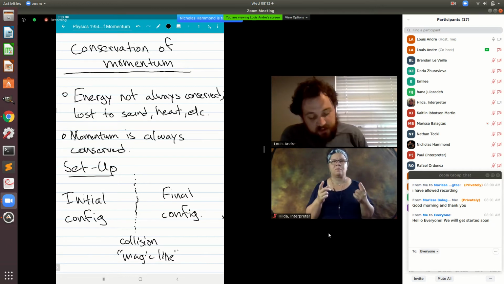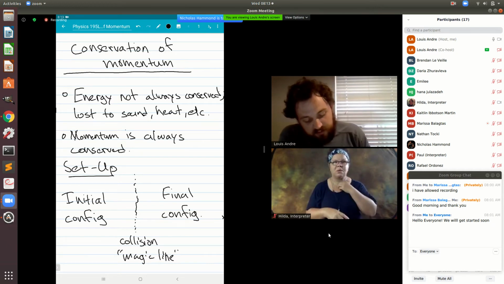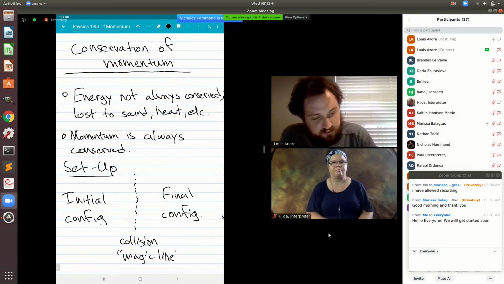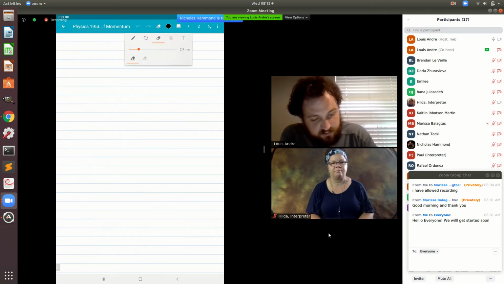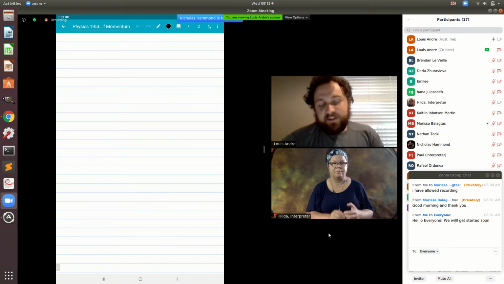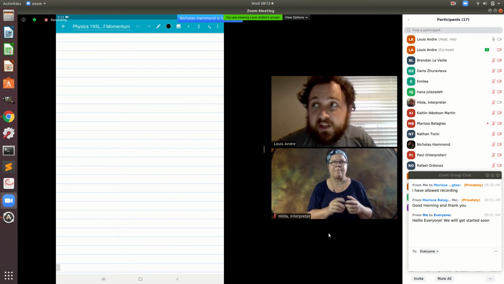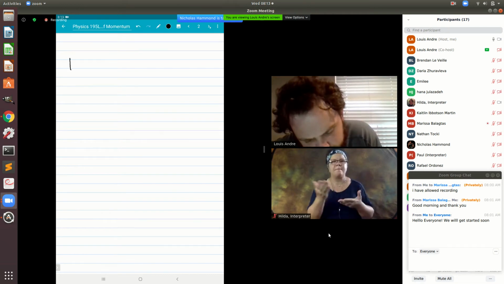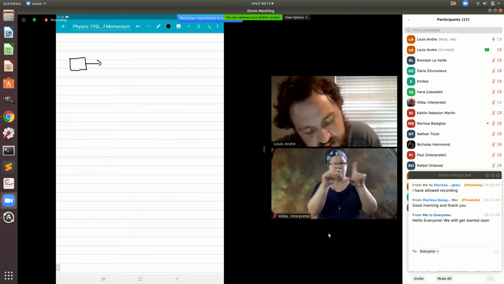Let's start on the next page. A simple problem would be some block skating down some surface, moving towards another block that's sitting there stationary.